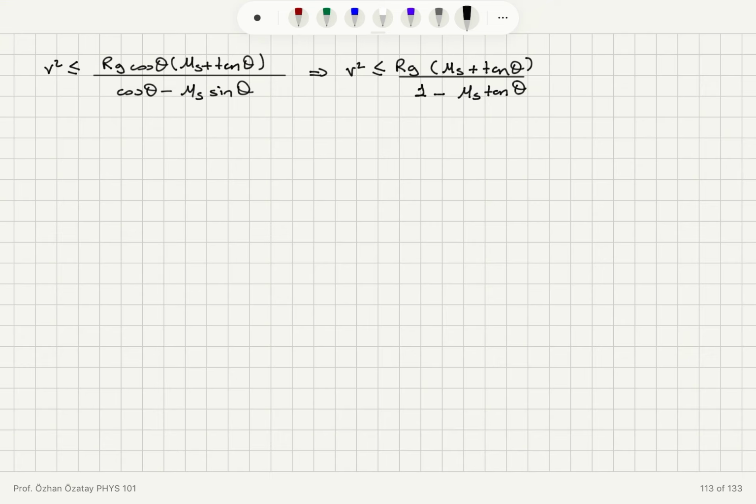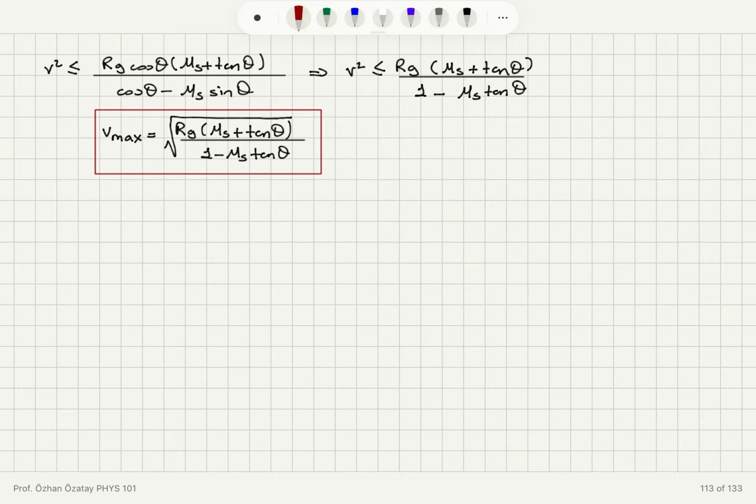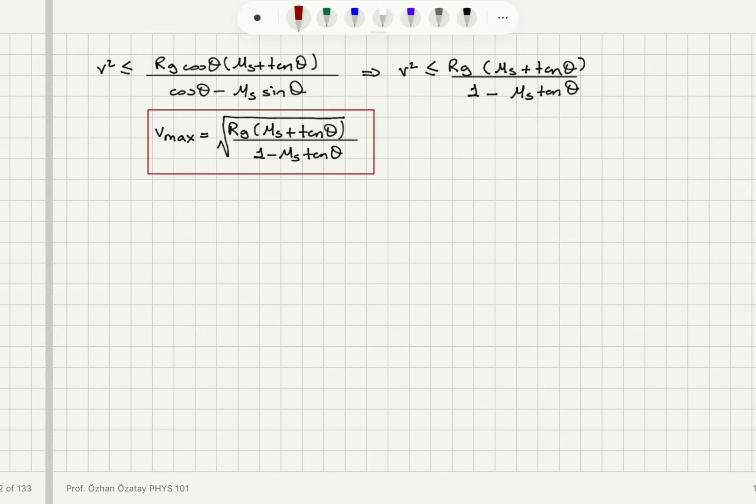So this is v squared less or equal to this quantity, so I find the maximum speed I can have is the square root of rg (mu s plus tangent theta) divided by (1 minus mu s tangent theta), because it was v squared. So this is my maximum speed.